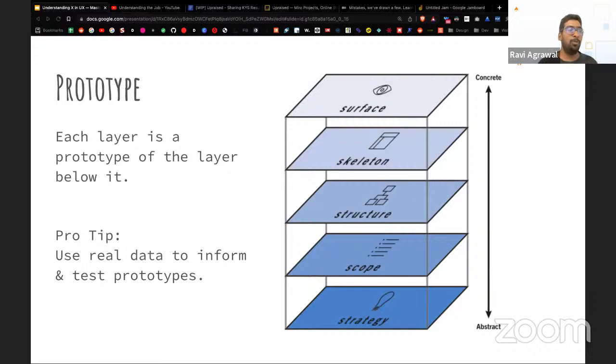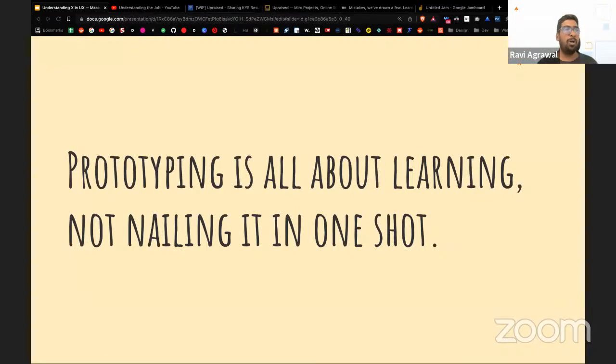From your roadmap, you will build a particular structure. And if that structure doesn't work out, but you have confidence that your roadmap or your scope is all right, then you need to change your structure. So if you think of each of these different layers as a prototype, you will do yourself good, because prototype is all about learning and not nailing in one shot.